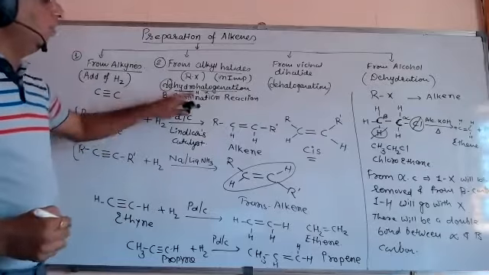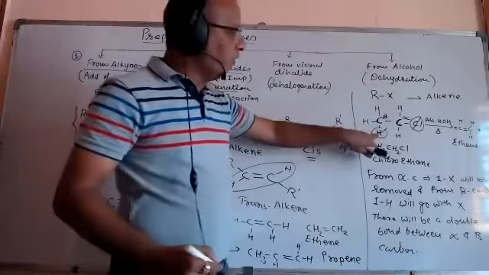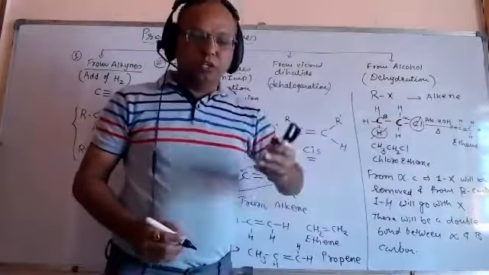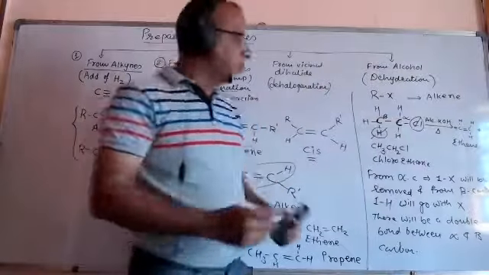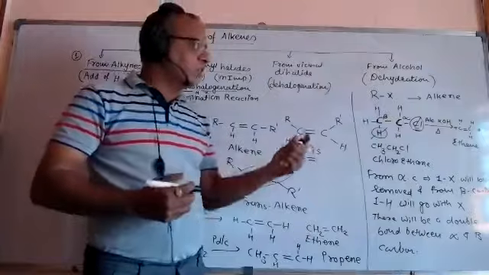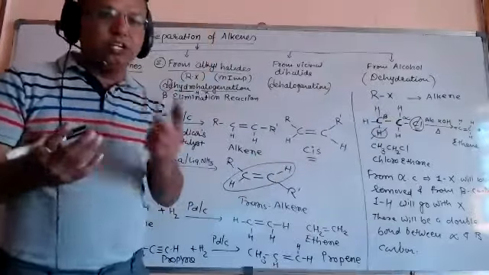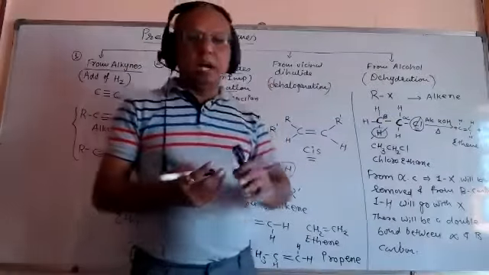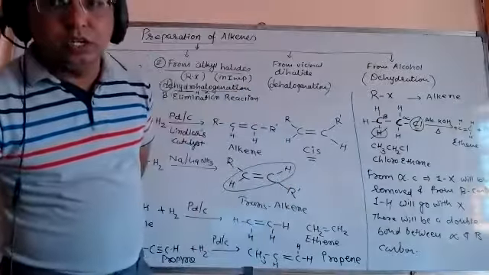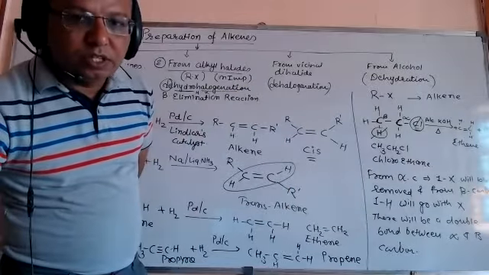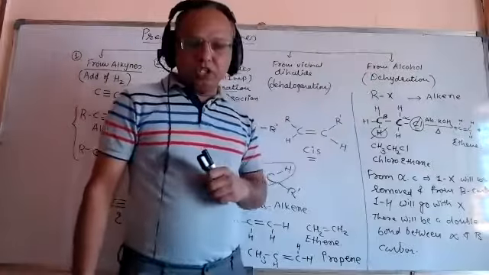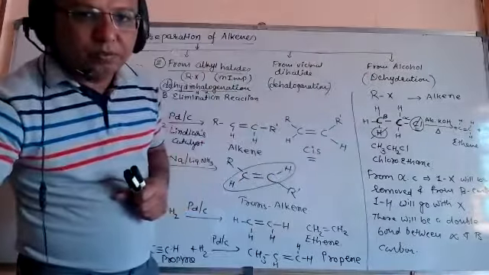So removal of HX, removal of H and X. X may be chlorine, bromine, or iodine. Right? So here chlorine is taken as an example. You can consider bromine or iodine. Fluorine is not used, but bromine and iodine can be taken. This is called beta elimination reaction, or we can say it is the preparation of alkene. Okay, friends.